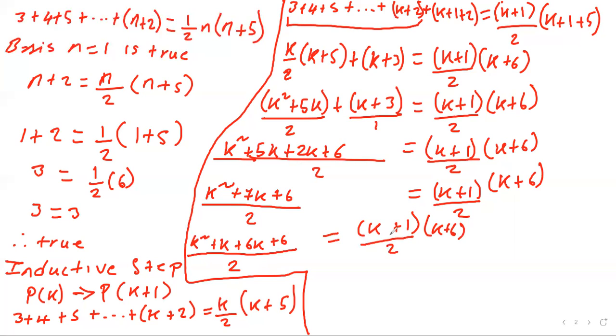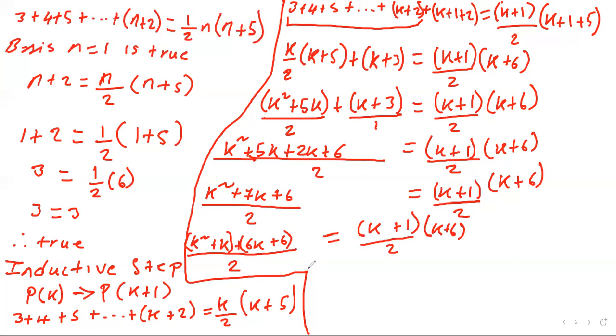So over here we have k squared + k + 6k + 6, and we could actually bracket these. I'm going to look for a number that can go into each of the brackets.